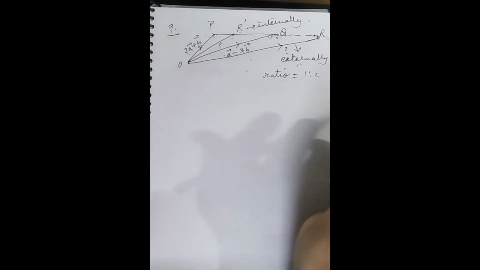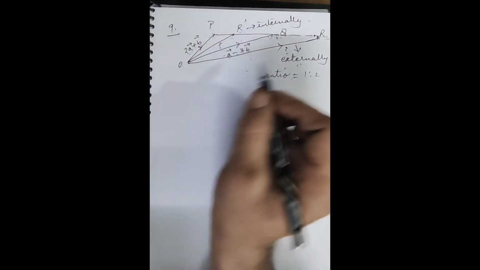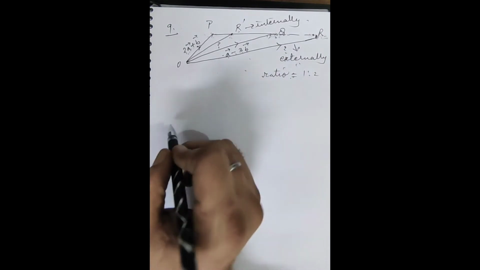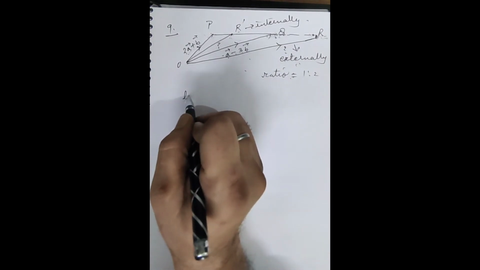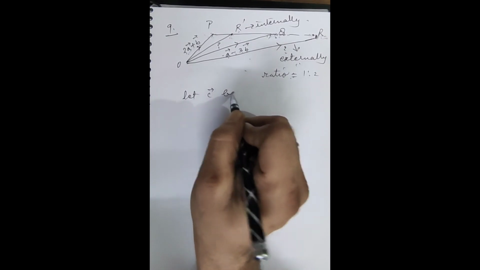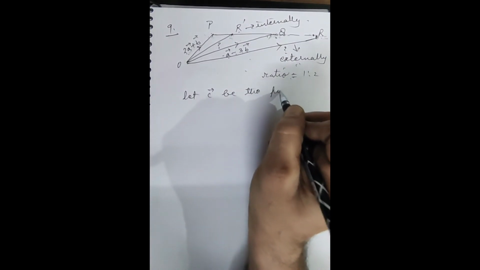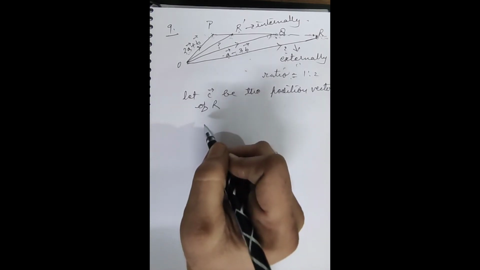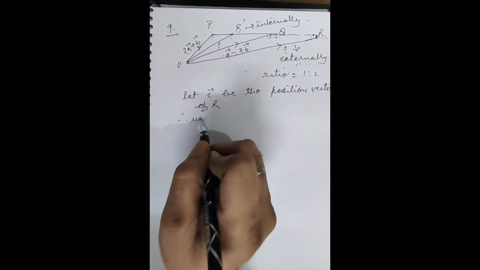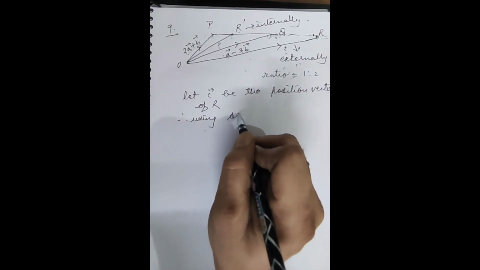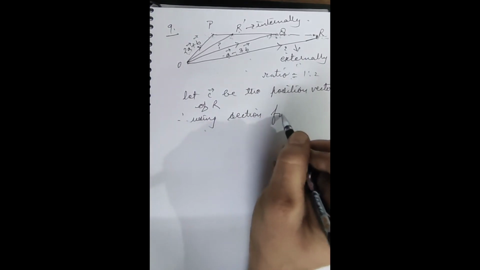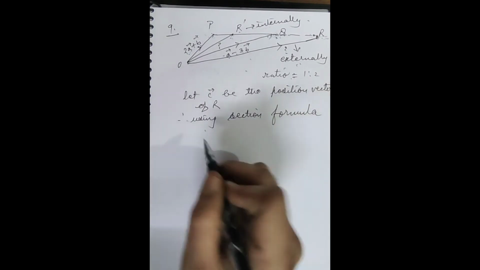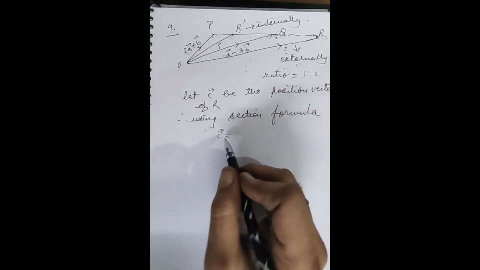The main thing is its formula. To find the position vector of R, first of all we can write it as c vector, which is the required position vector. Now by the section formula for vectors, the c vector can be written as follows.